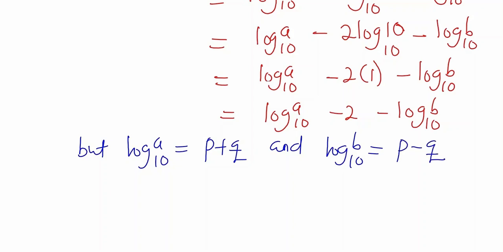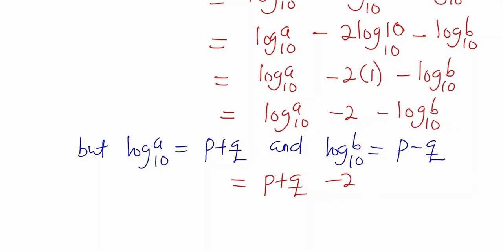Then by substitution, we are going to have here logarithm of a, but the logarithm of a, like we said earlier, is now p plus q. So we write here p plus q minus 2.